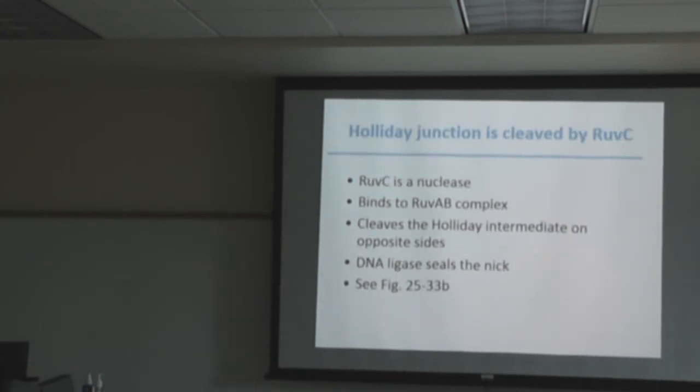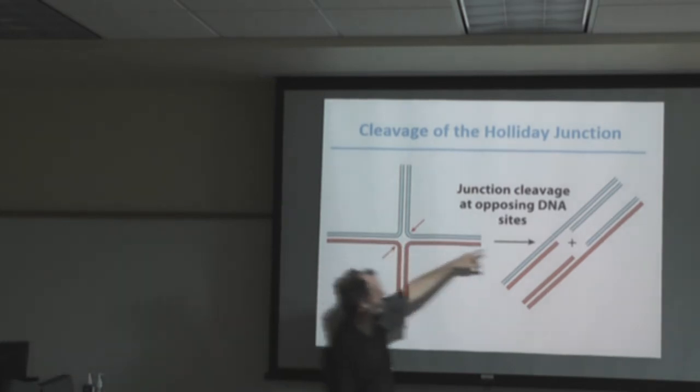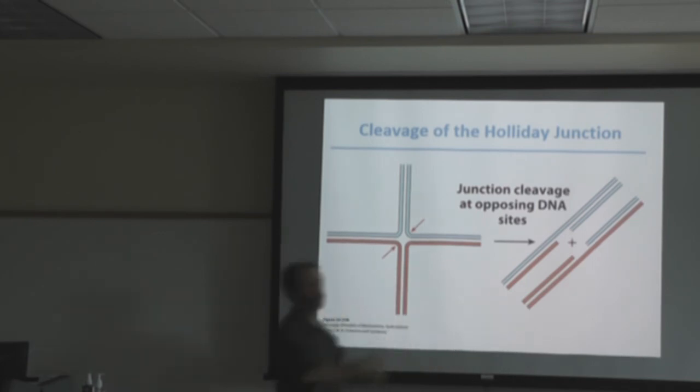And then RuvC is the nuclease, which binds the RuvAB complex and cleaves the Holliday intermediate on opposite sides. DNA ligase then seals the nick again. And you end up with either this on opposite sides, where the chromosomes are completely shared, or you just have a small piece if it was cleaved in this direction, right?